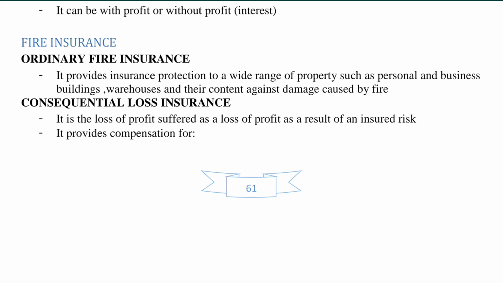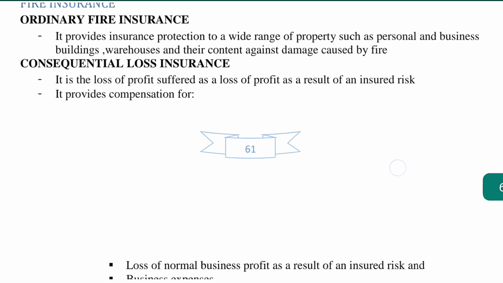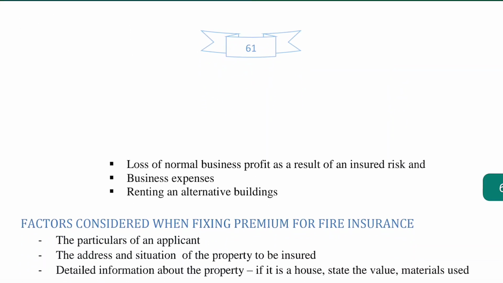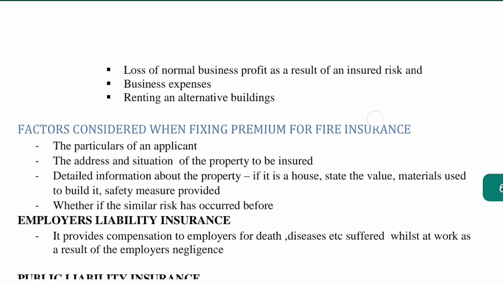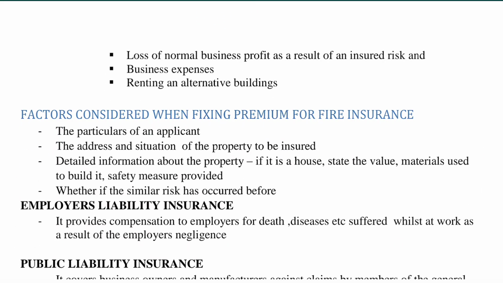Consequential loss insurance provides compensation for the loss of normal business profit as a result of an insured risk occurring, and also business expenses. It also covers renting an alternative building.